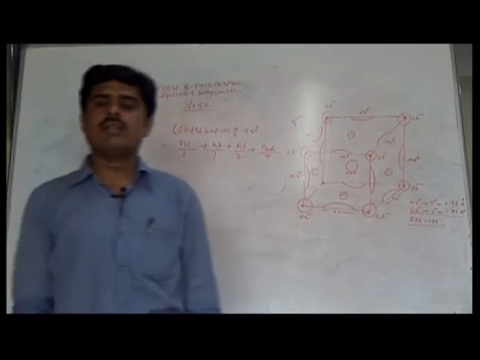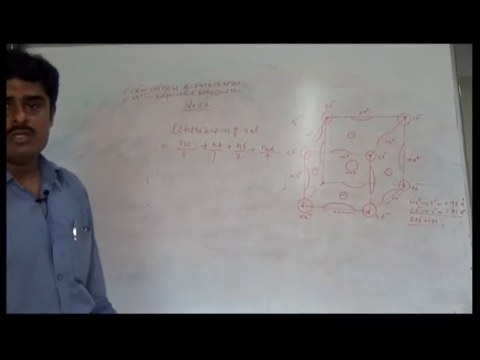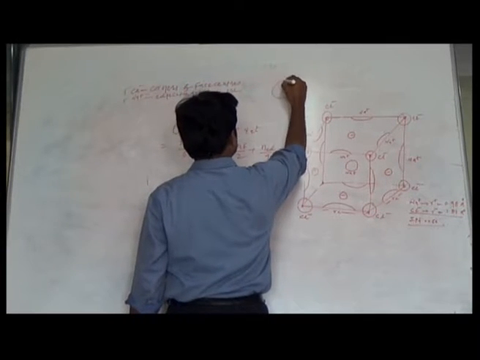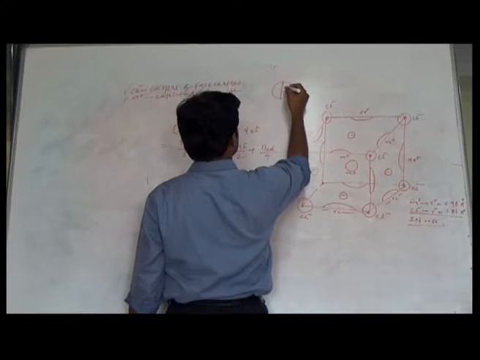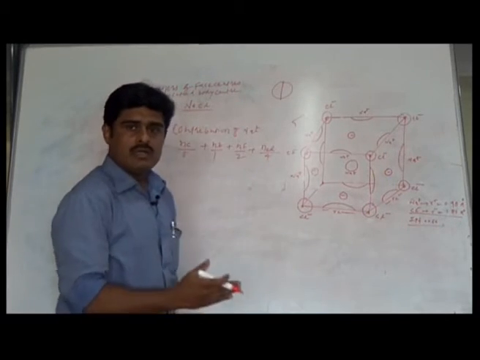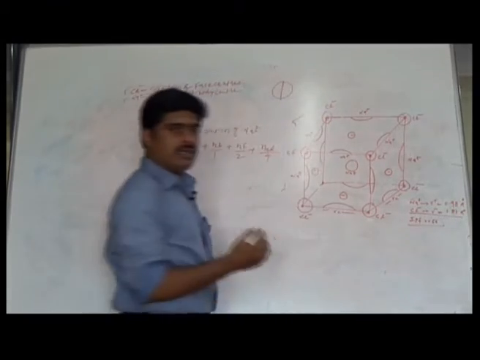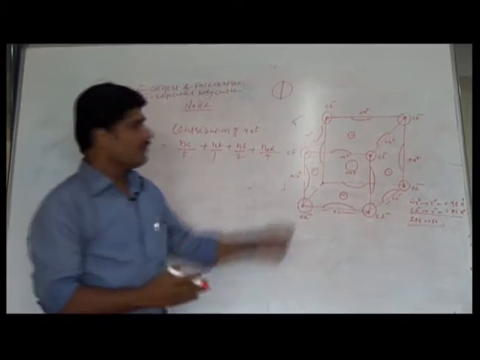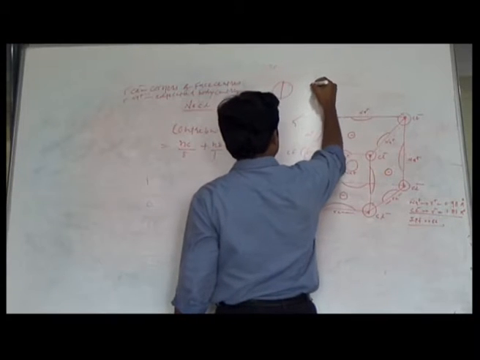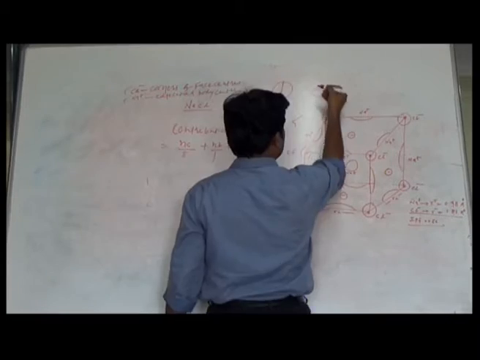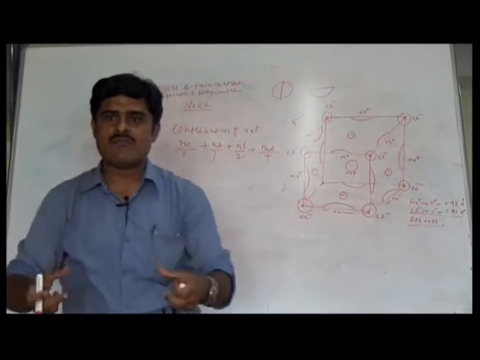Each edge center contributes 1/4 of its own volume to each unit cell. It is just like taking an apple and cutting it into halves vertically. The first section gives me 1/2, and for that half if I take another section, I get 2 halves of this.